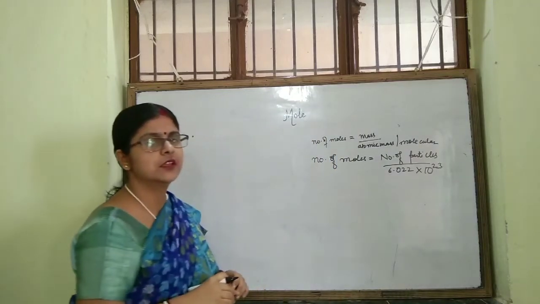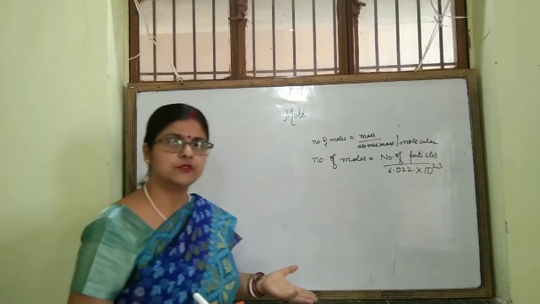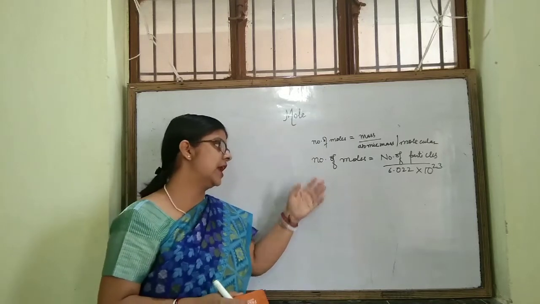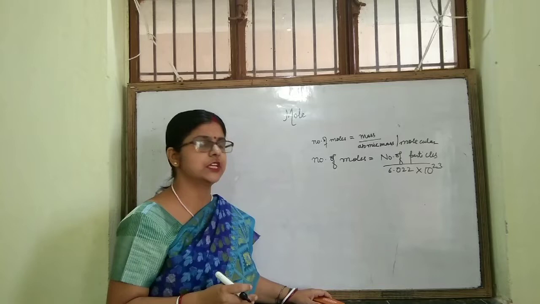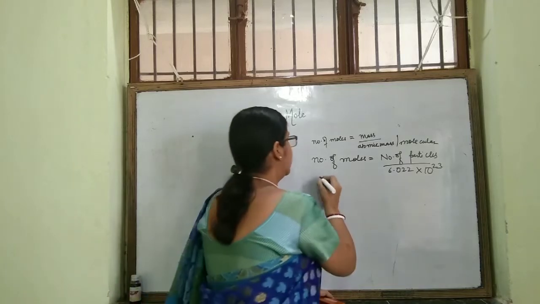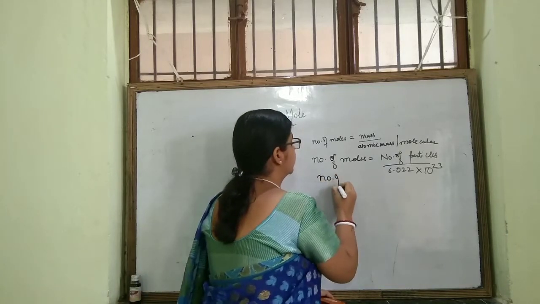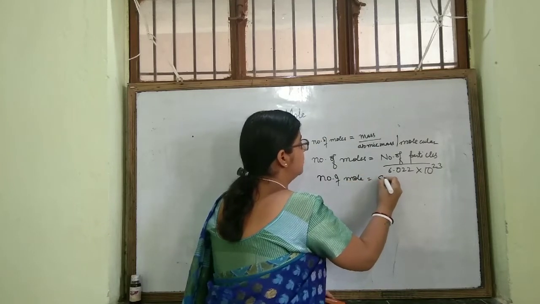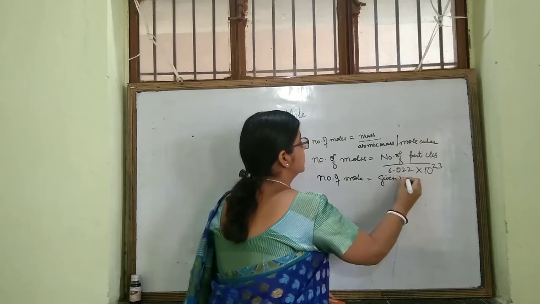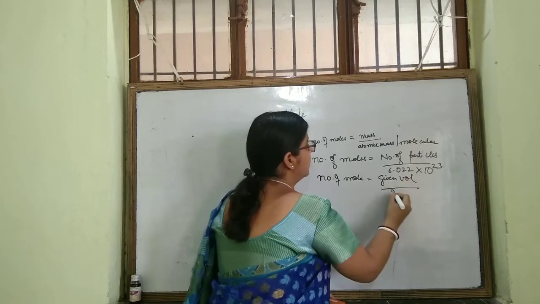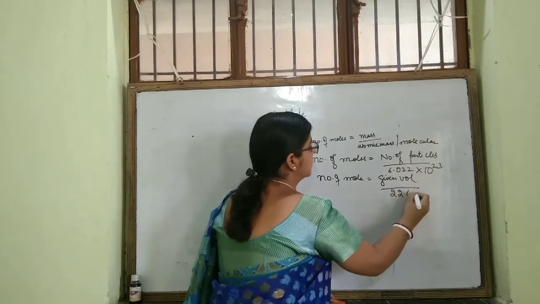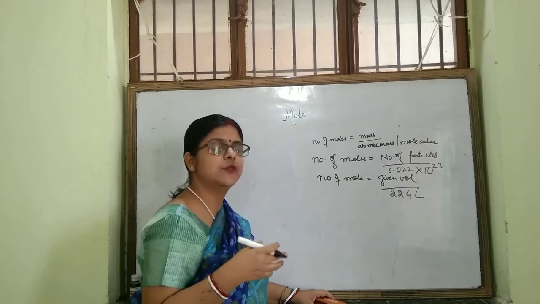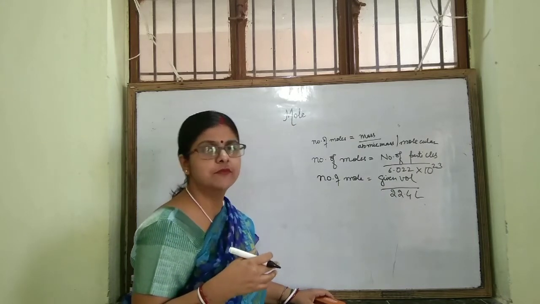Number of particles, that is number of molecules or number of atoms or number of ions, whatever they say, by 6.022 into 10 to the power 23. In terms of volume, number of moles will be equal to given volume by 22.4 liter. Or if it is given in milliliter, it will be 22400 milliliter.